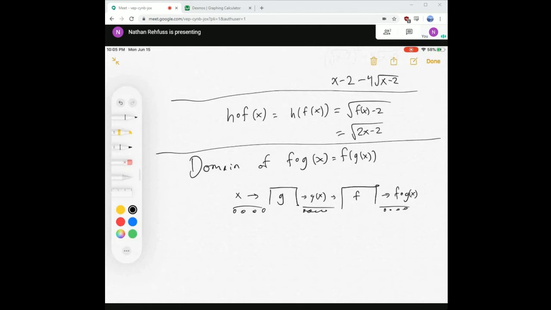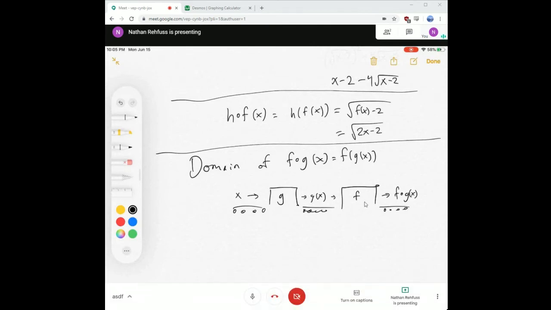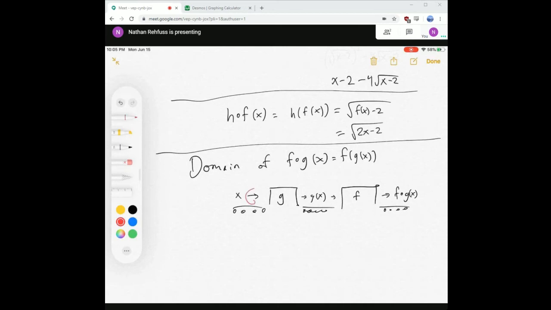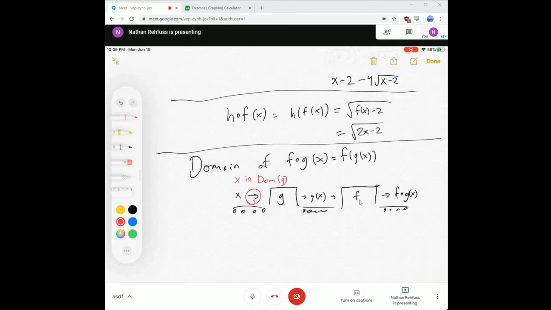So it's a two-part process, and at each of these parts, I can't have a failure. So x has to go into g of x. This is the first possible point of failure. What this is telling me is if x goes into this machine, then x is in the domain of g. Then the output of g is going to go into the f machine.